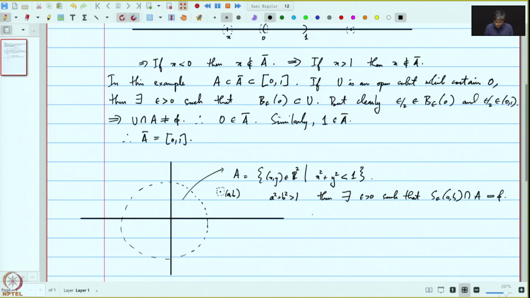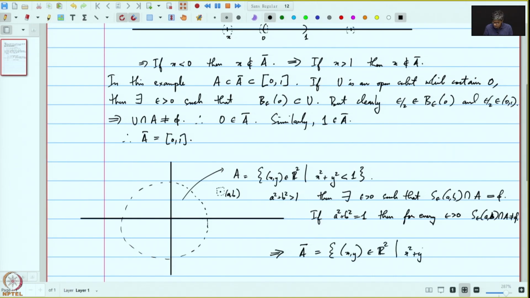And similarly we can check that if a square plus b square is equal to 1, then for every epsilon, S epsilon a comma b intersection A is non-empty. So this will show that A closure is exactly the set x comma y in R2 such that x square plus y square is less than or equal to 1.